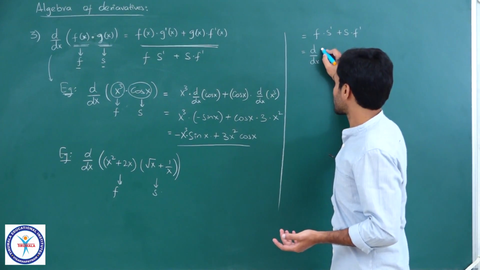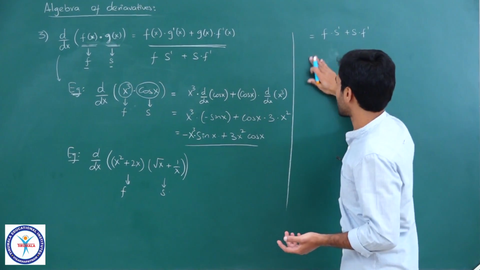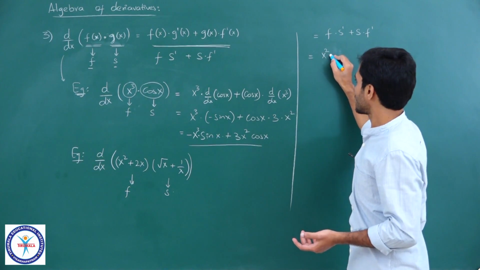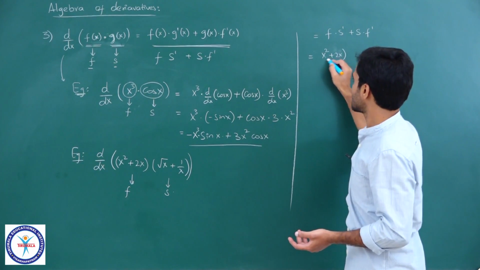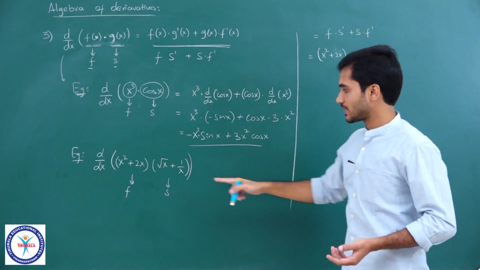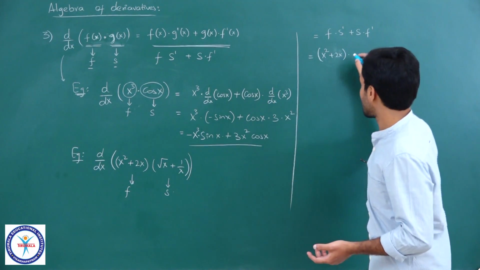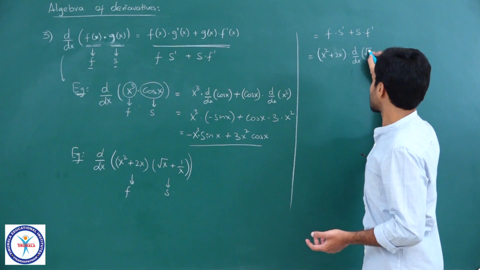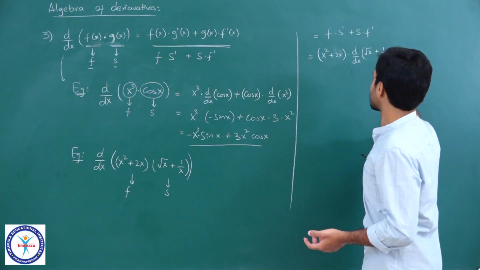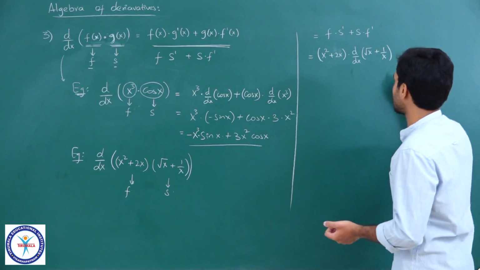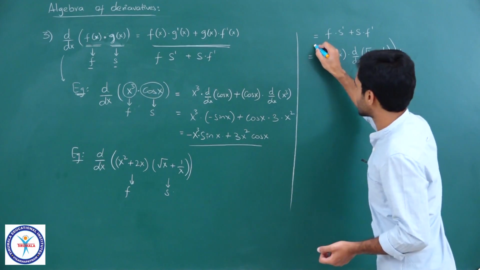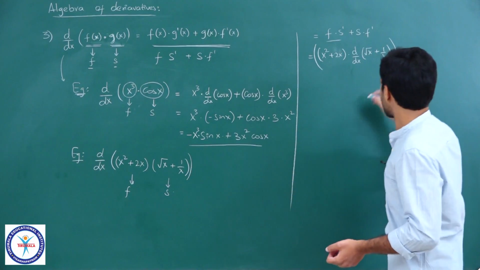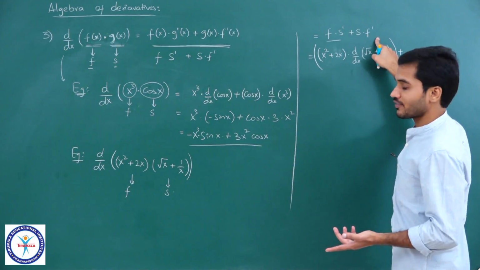So, d by dx of, okay, first I should write f, right. So, what is f? F is x square plus 2x into s dash. S dash means derivative of this. So, I will write it down, d by dx of root x plus 1 by x, correct, plus, so this whole thing is the first term, plus now this one, s into f dash, correct.